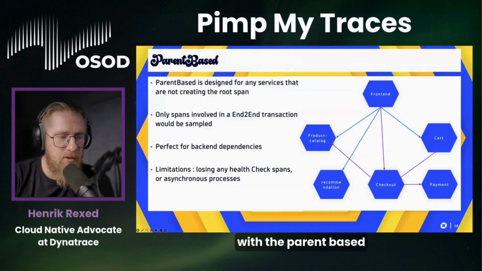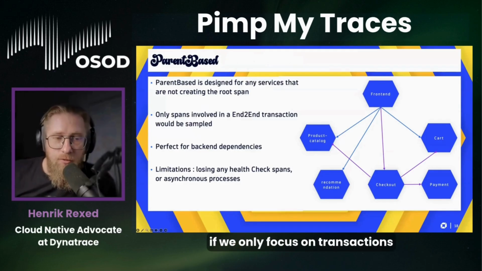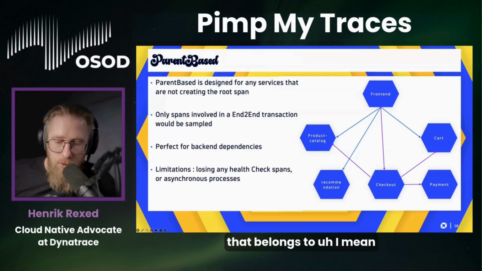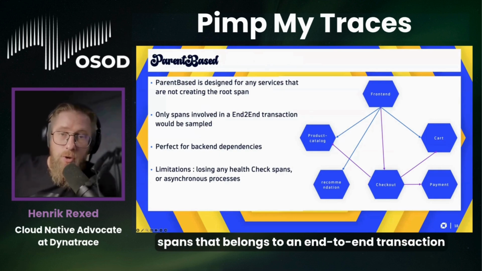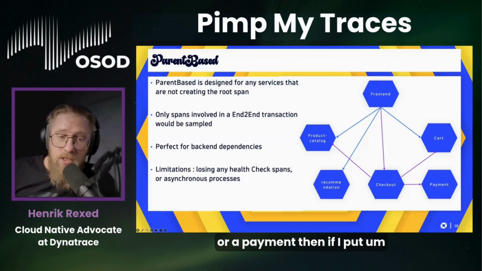So let's start with parent-based. Parent-based makes sense if we only focus on spans that belong to an end-to-end transaction. Let's say here I want to have the checkout transactions or a payment.